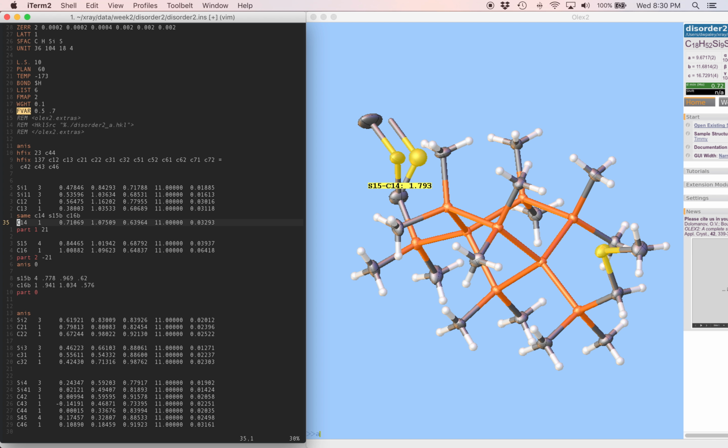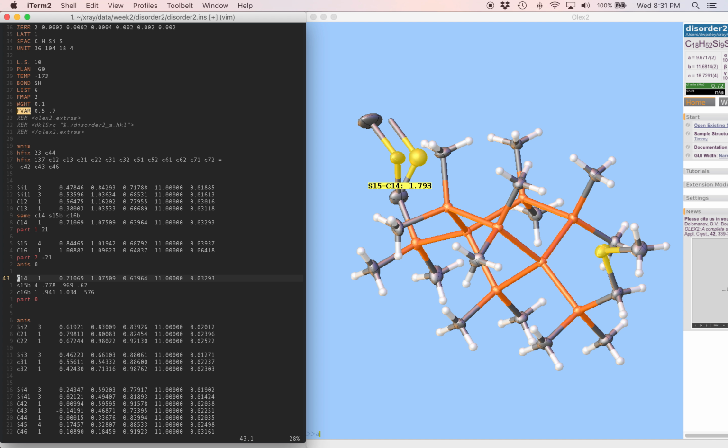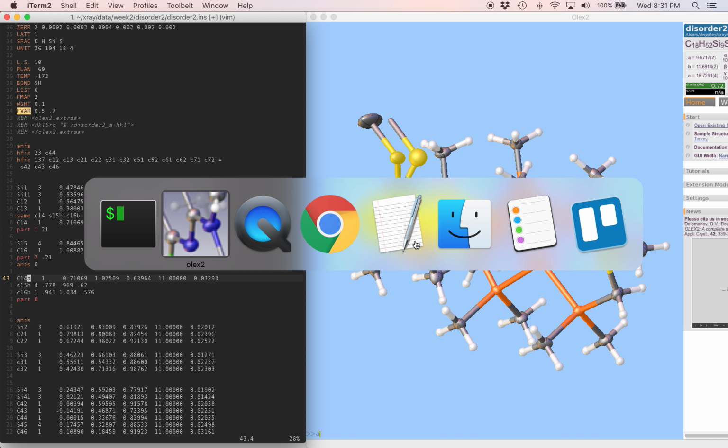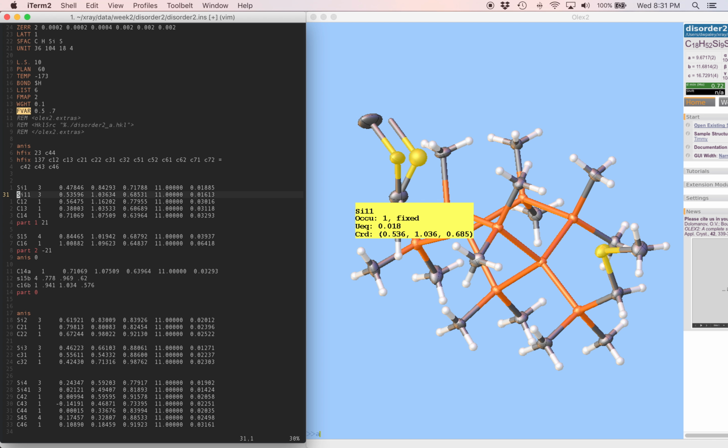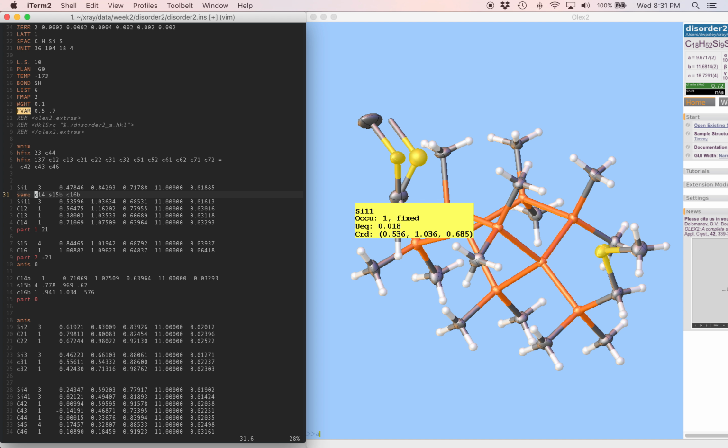So right above S15B, I'm going to put a C14B, and I'm just going to use C14A and change its name. We need to fix up our same instruction, and now the last ordered atom is silicon 11. So the same instruction, I'm going to take it from here and put it above silicon 11.